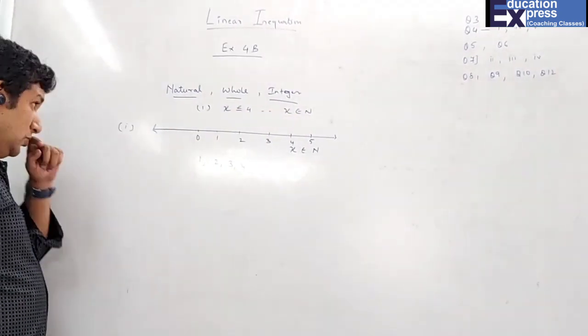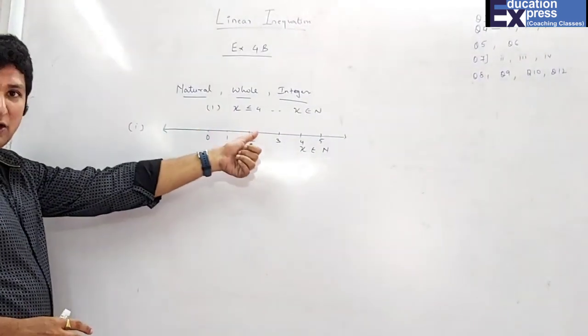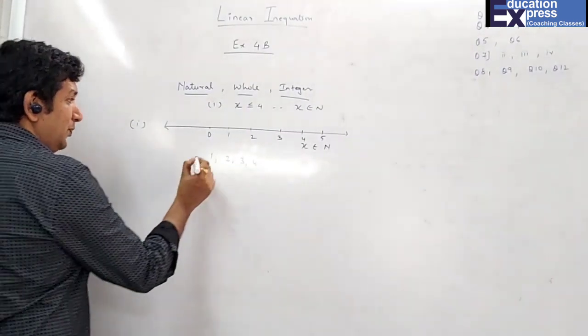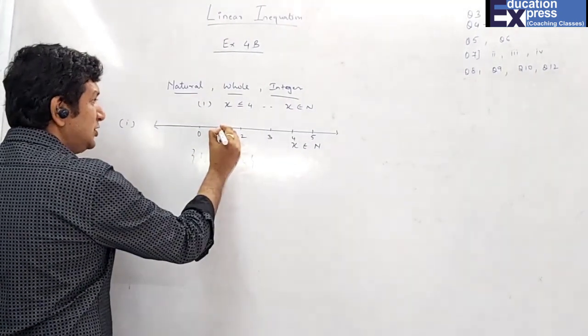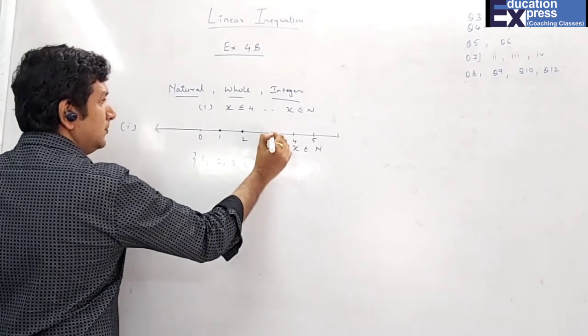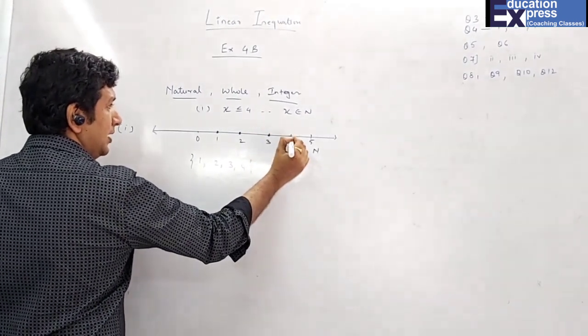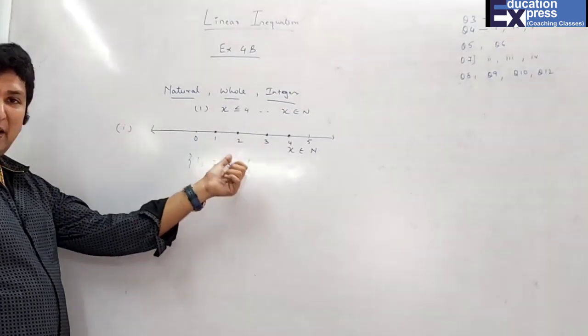So x is a natural number, and particularly I just want 1, 2, 3, 4. So I will just mark 1, 2, 3 and 4, and this is the natural number.